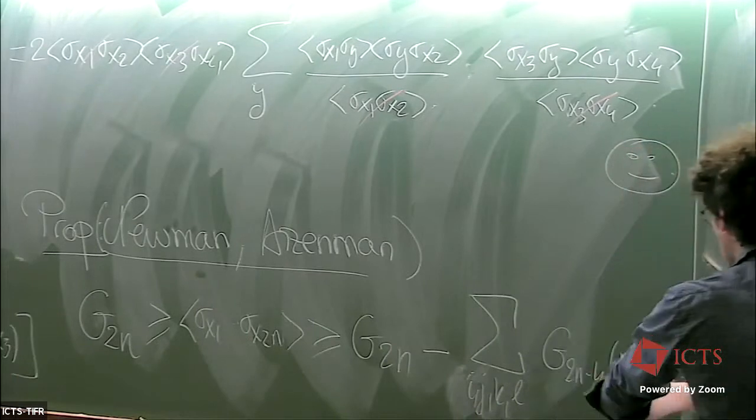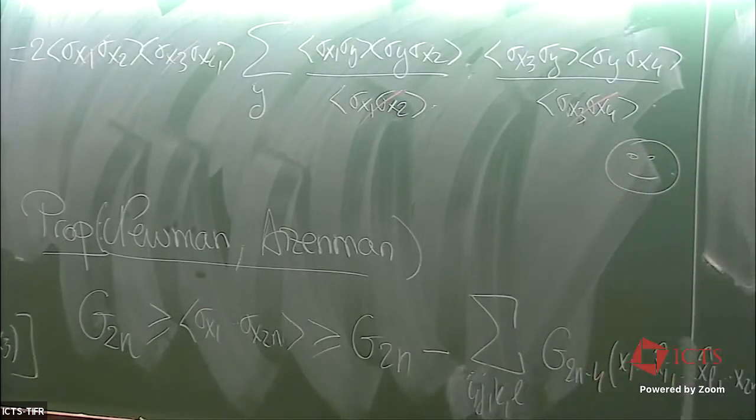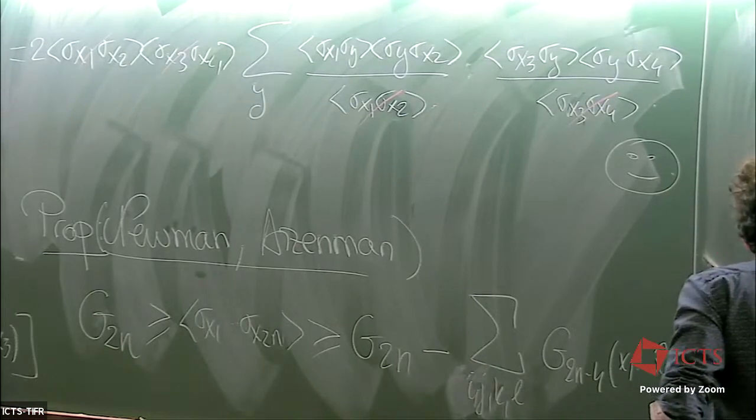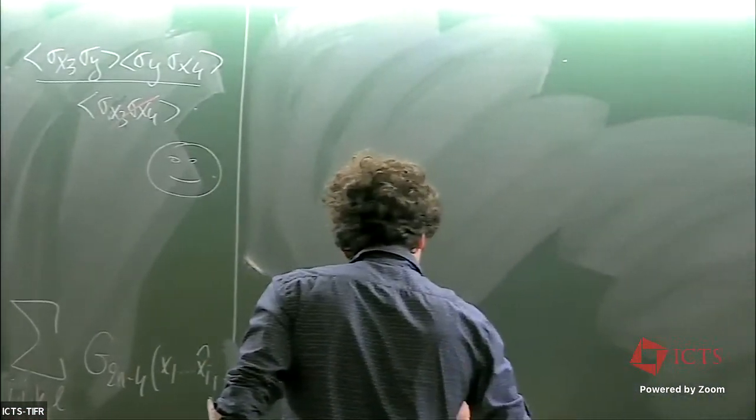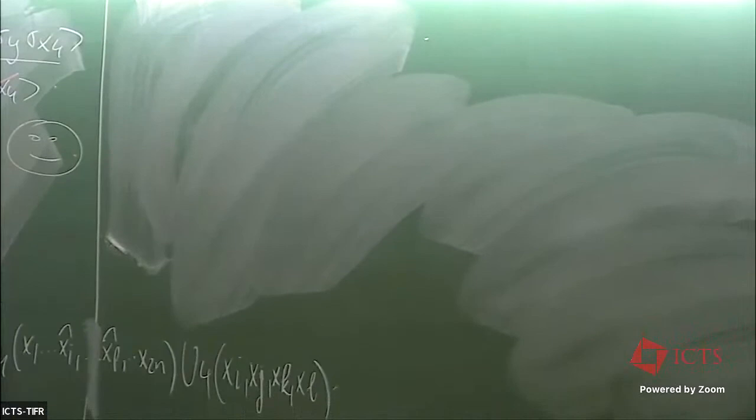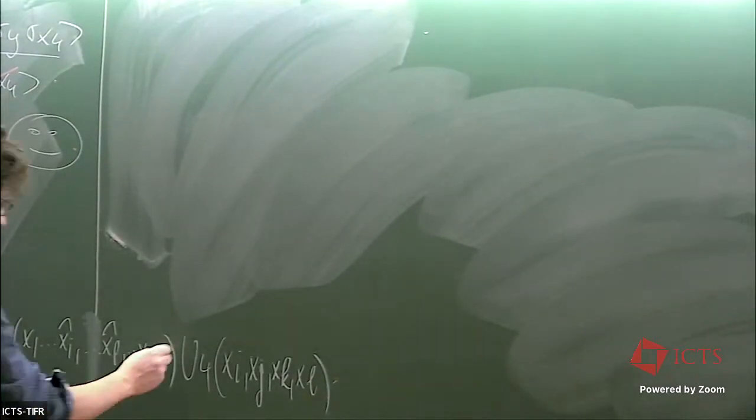Meaning you look at the Gaussian part when you remove the 4 points, and you just look at U4 of xi, xj, xk, xl. You have a cool bound like that, and here it's an absolute value.